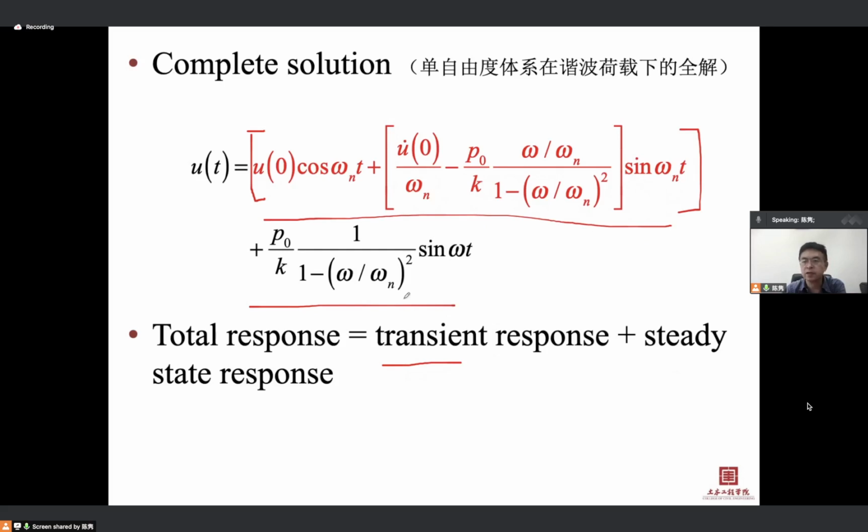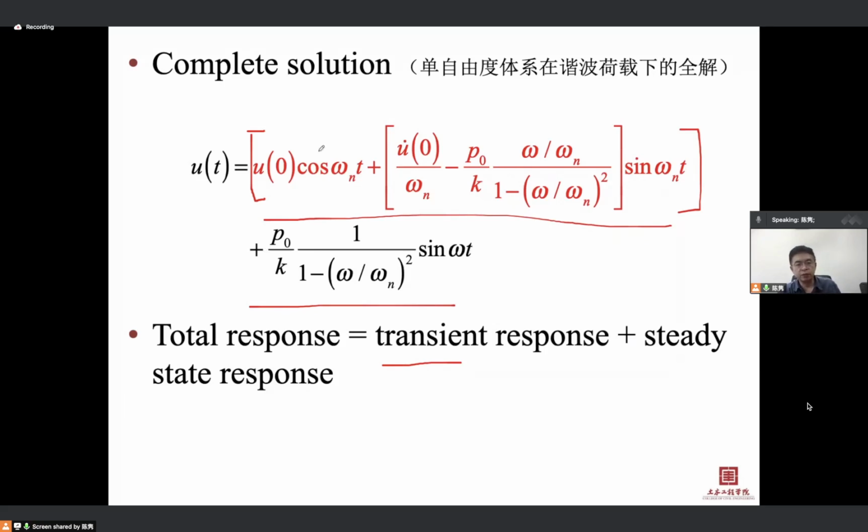As long as the external load is there, this part will remain, because the external load is applied to the structure. As long as the harmonic sine omega t loading is there, this part will remain. So we call it steady state response.